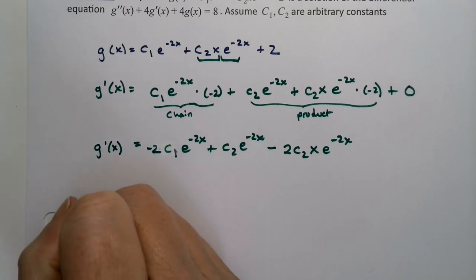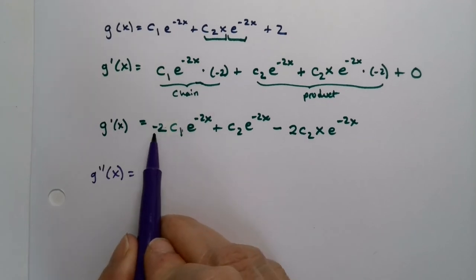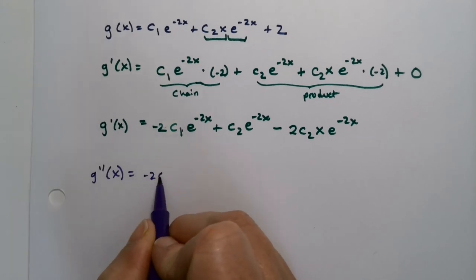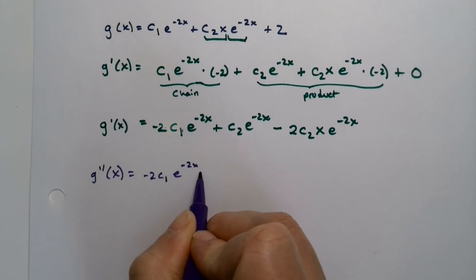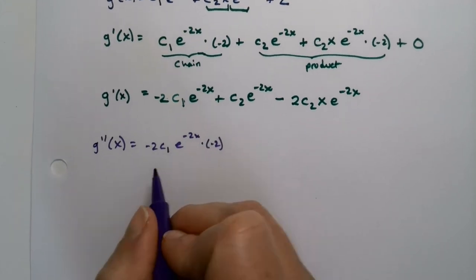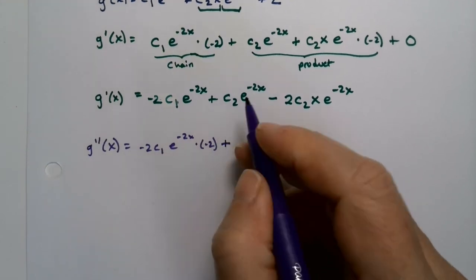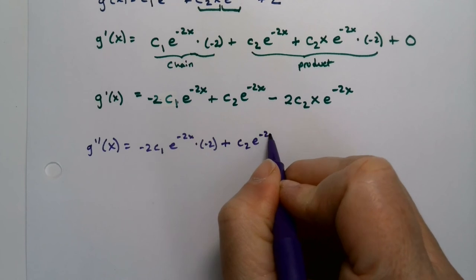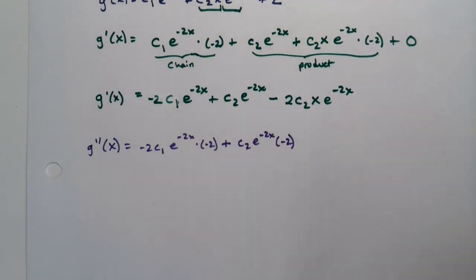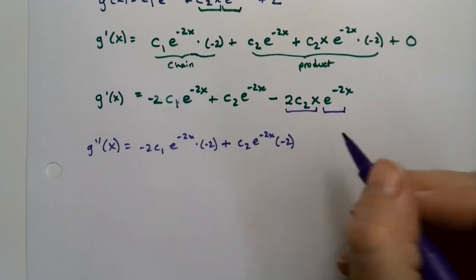Now I need the second derivative. Well, again, that would be negative 2c1 e to the negative 2x times negative 2, which will get me 4c1 e to the negative 2x, plus c2 e to the negative 2x times negative 2. And then here I'm going to need product rule again.